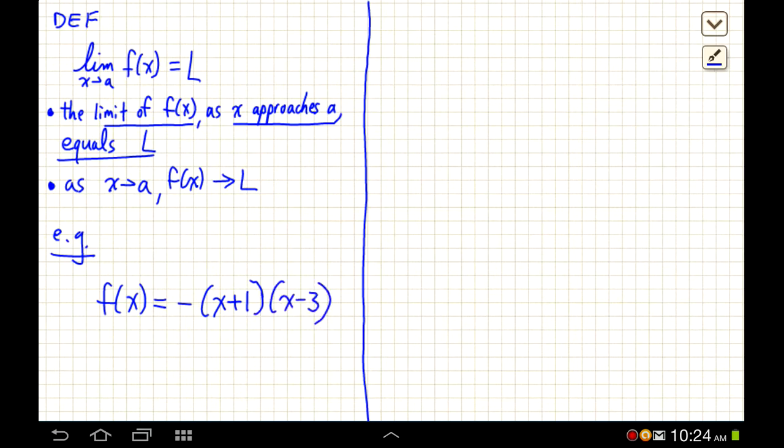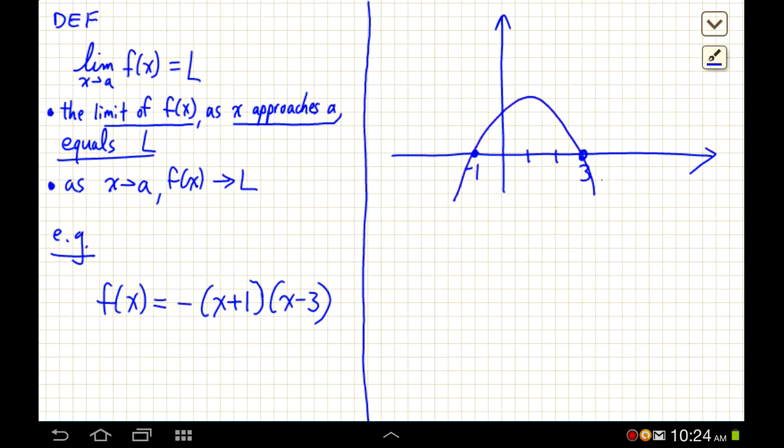Do you recall how to draw this parabola? Well, it's an upside down parabola crossing the x-axis at the two points negative 1 and positive 3. So those are the two zeros of the parabola, and we have a parabola that's open downward.